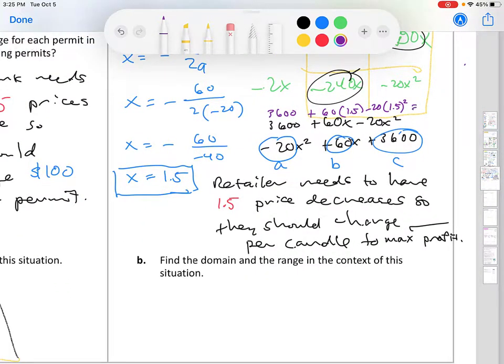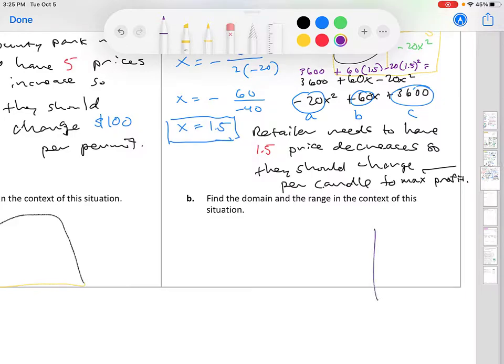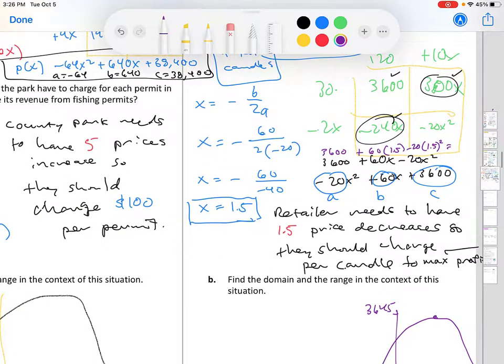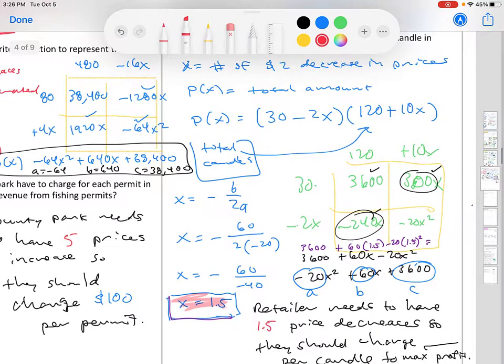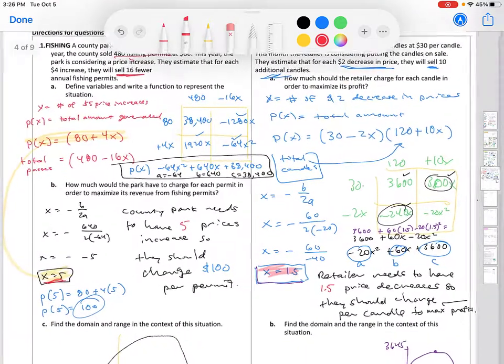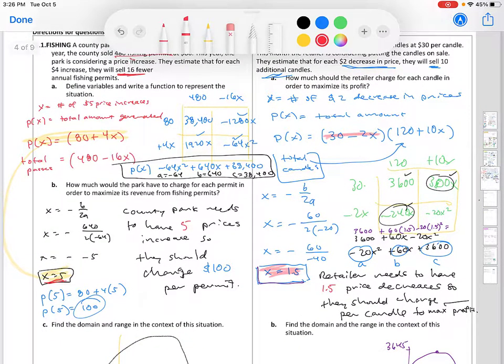Okay, that represents, if we did the graph, sorry, that value is at 1.5. This is 3,645, what we just saw. I forgot that we need to put this value into the profit one.